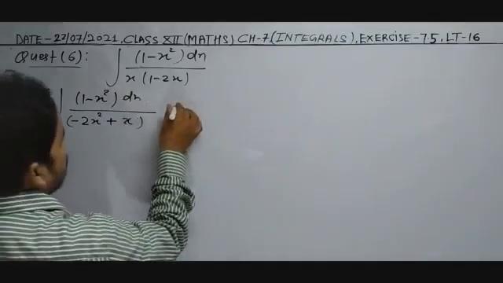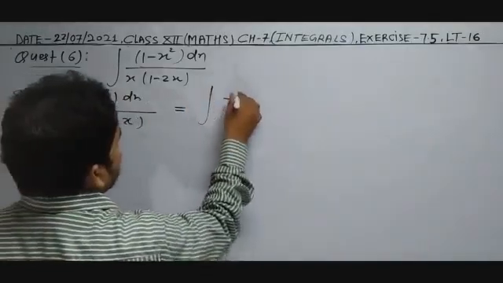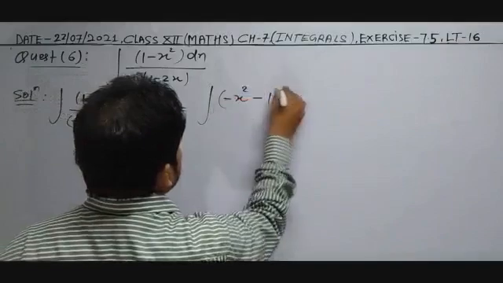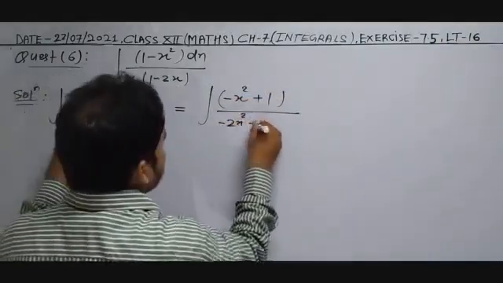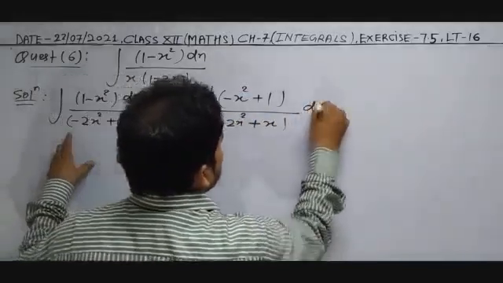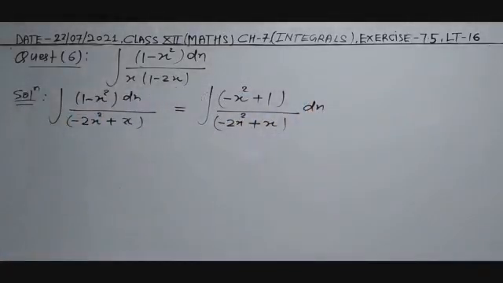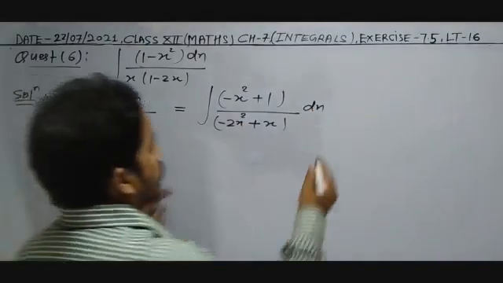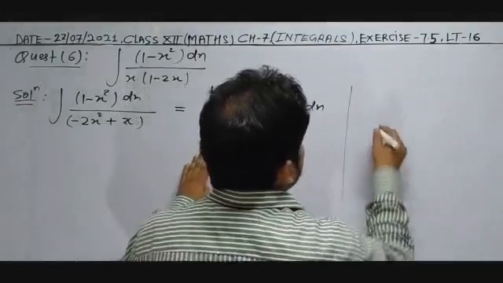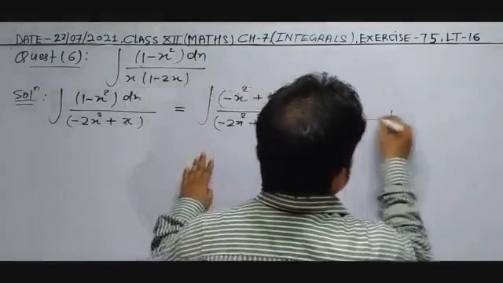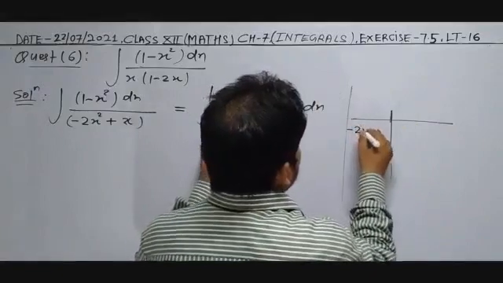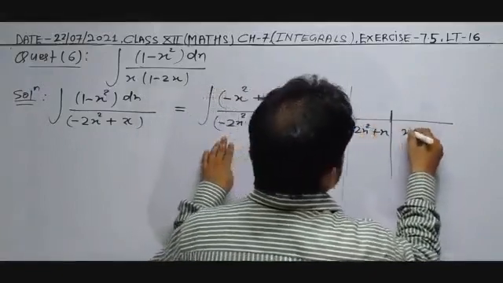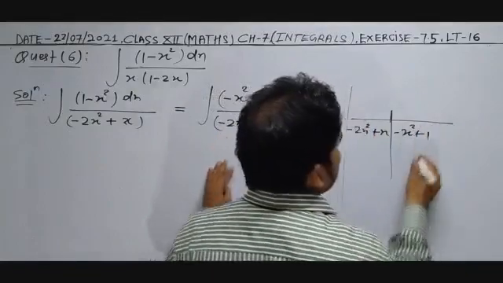So write this expression: minus x square plus 1 whole upon minus 2x square plus x dx. And now in rough work you have to divide. Suppose we are going to divide in rough work. This is minus 2x square plus x and this is minus x square plus 1.